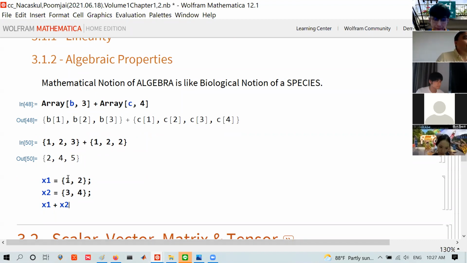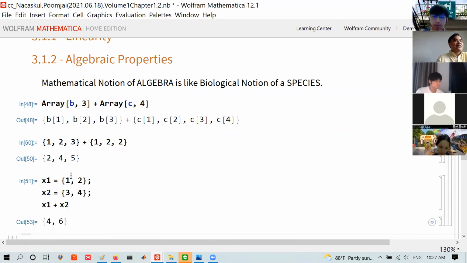It's going to be 1 plus 3 for the first number and 2 plus 4 for the second number. 1 plus 3 gives you 4. 2 plus 4 gives you 6.